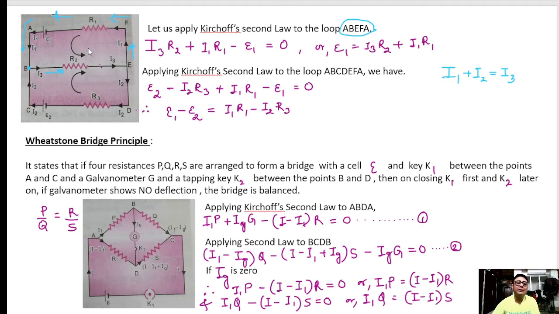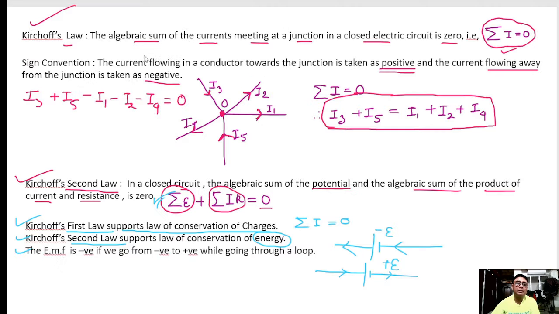Now, when we are applying Kirchhoff's second law, let us start from here. And please remember one thing: if you are going in the direction of the current over a resistance, then that potential is taken as positive.